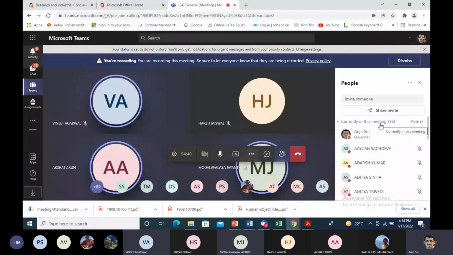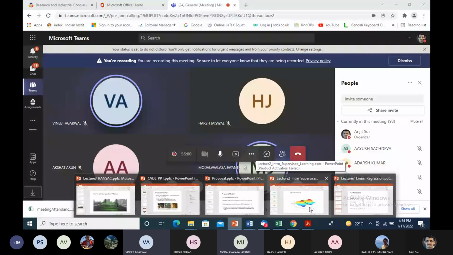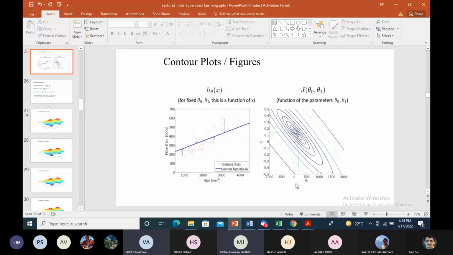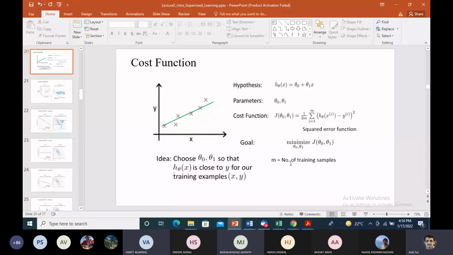That normalization you were saying, one by 2m? It's just a normalization, because there are m number of points. Here m is the number of training samples, how many times we are adding.